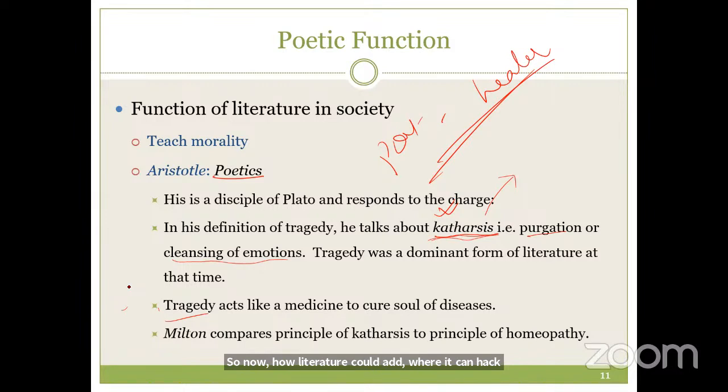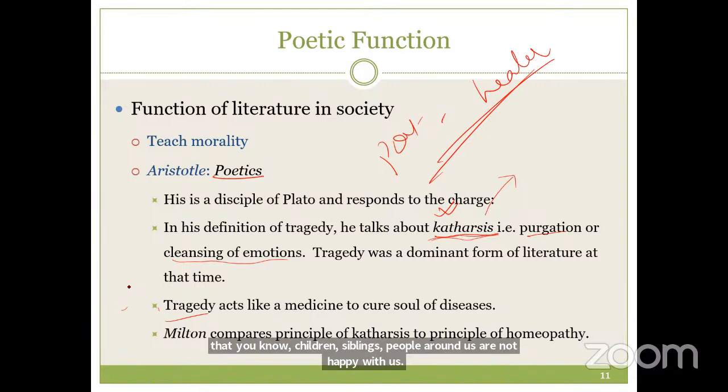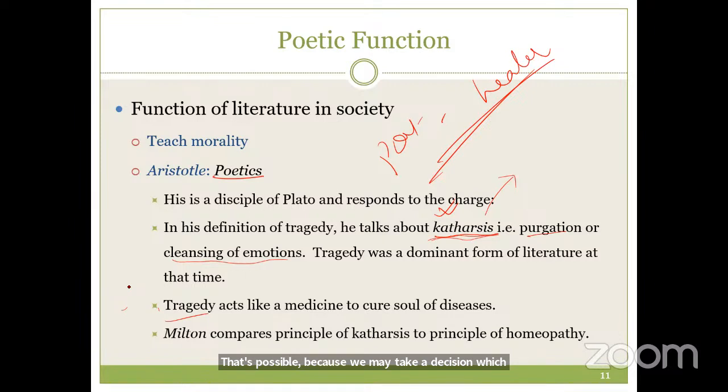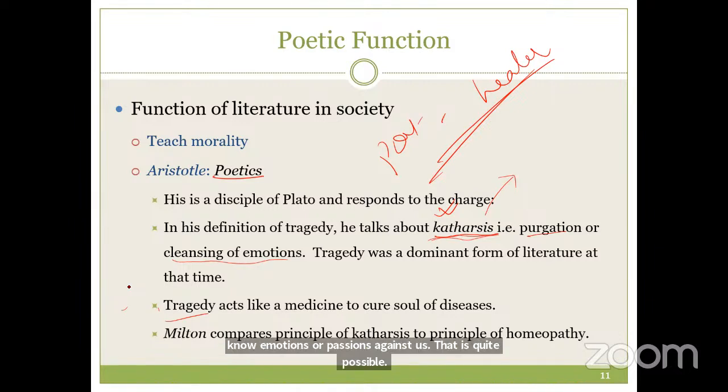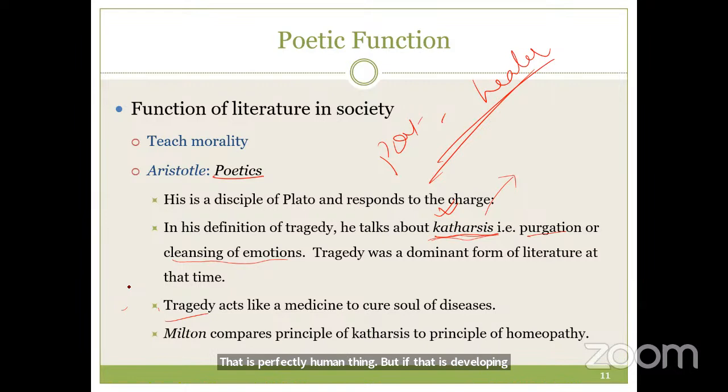So wherever you have an opportunity, wherever you see that children, our siblings, or people around us are not happy with us, that's possible because we may take a decision which would disappoint somebody, or make somebody disagree, or make somebody develop negative emotions against us. That is quite possible. That is perfectly human. But if that is piling up, then you have to take notice of it and do something to cleanse it.